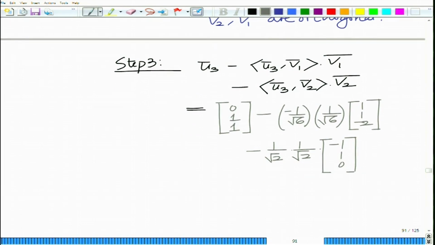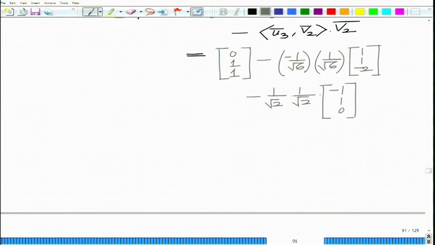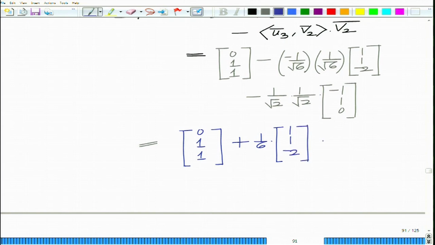So, if you can simplify this, it will be 0 plus 1 over 6 times (1, 1, minus 2), minus 1 over 2 times (minus 1, 1, 0).